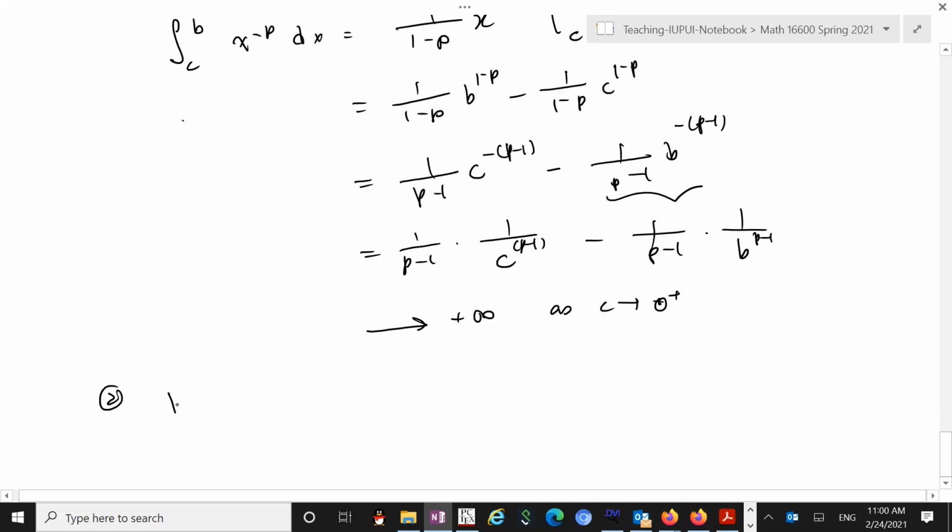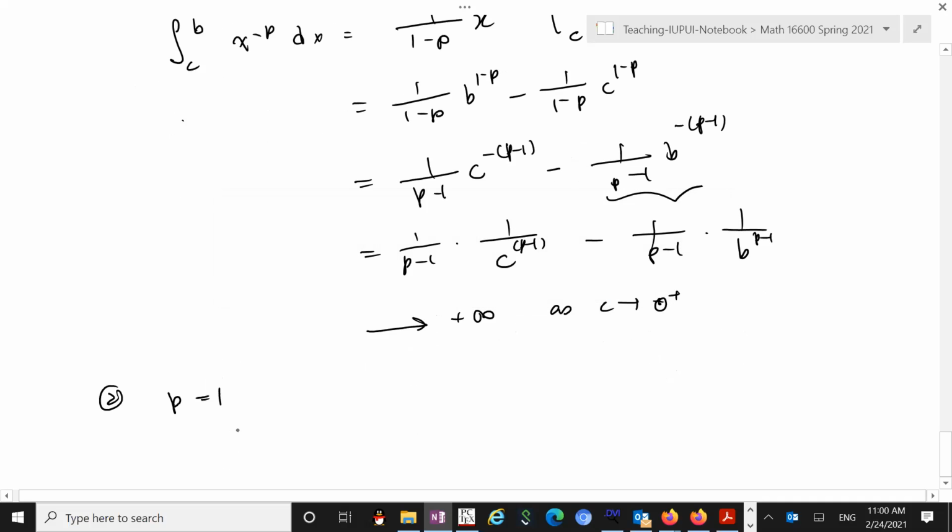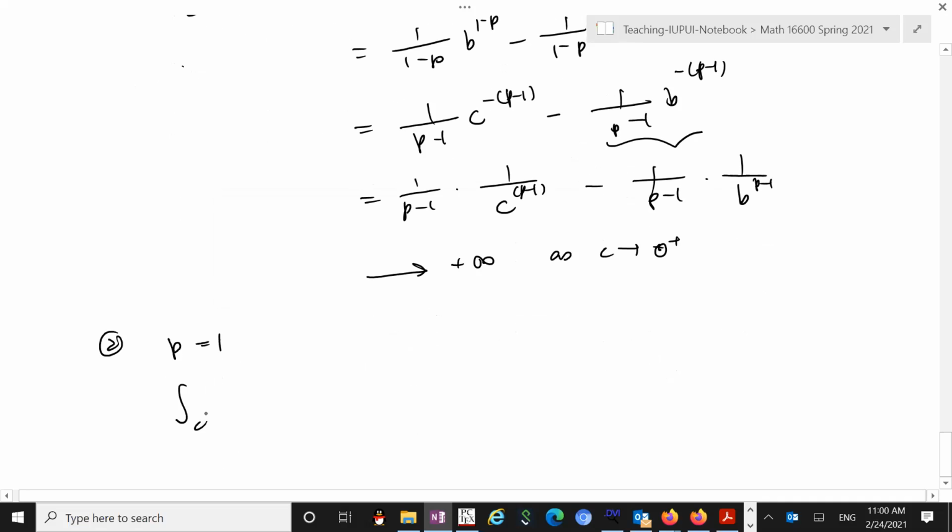The second case: p is going to be 1. Then the integral of x to the negative 1 dx is just the natural log of x. That will be natural log of b minus natural log of c.